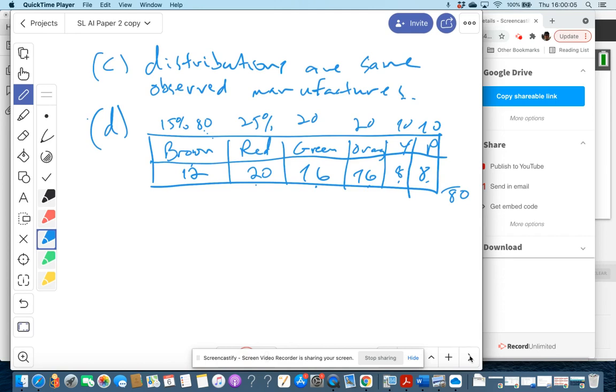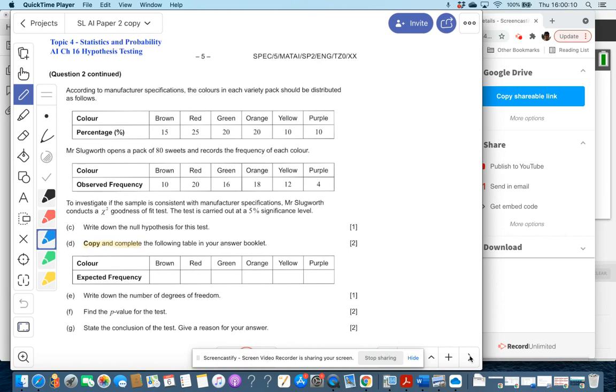Okay, so write down the degrees of freedom is the next question. How far can we go in the table? Well, I start here in this block, 1, 2, 3, 4, 5, 6 rows minus 1. I don't have any columns.